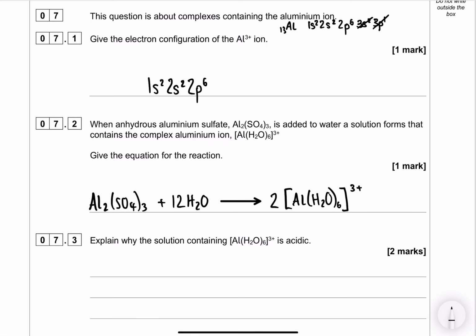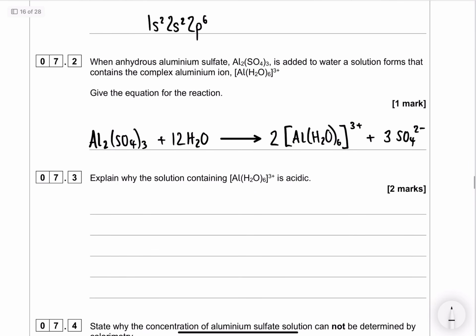And when we kick out those sulfates, when it dissolves, they become loose in solution, to make way for those ligands of water to attach, we would have 3 SO4 2- ions. Balances the 2 3+ ions.